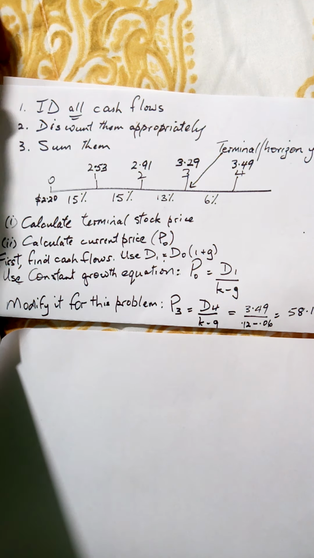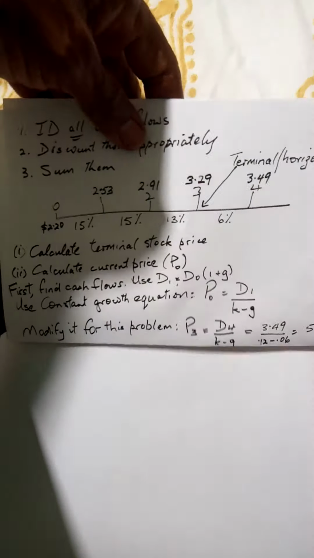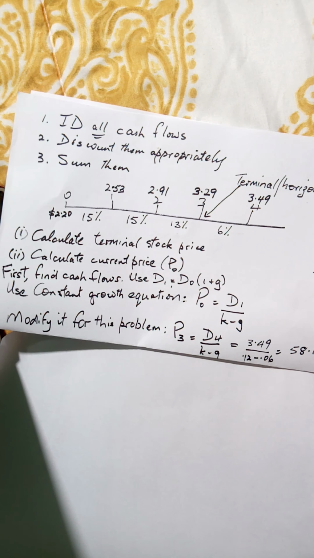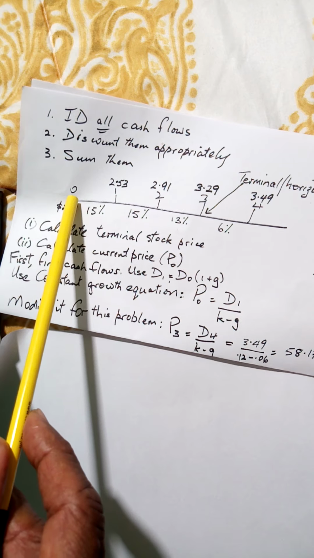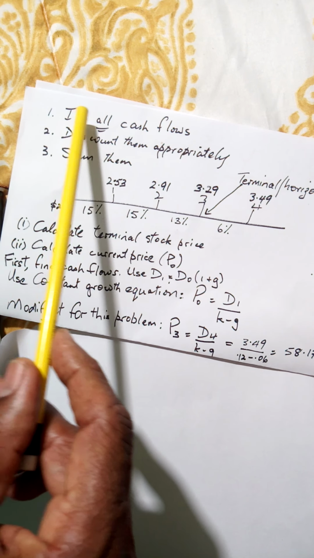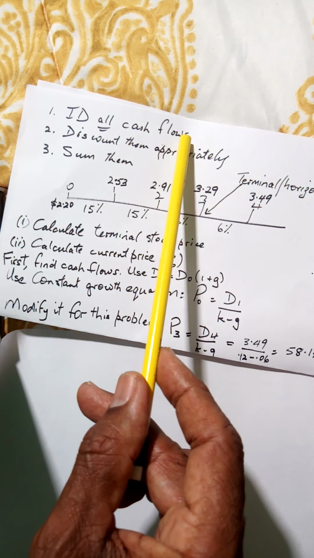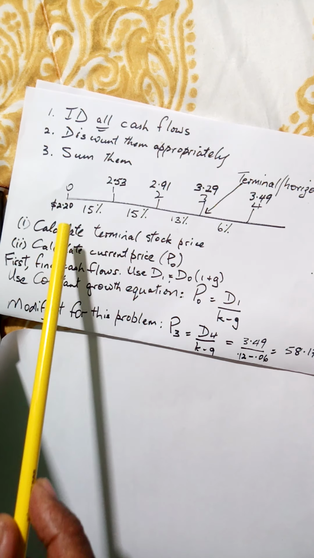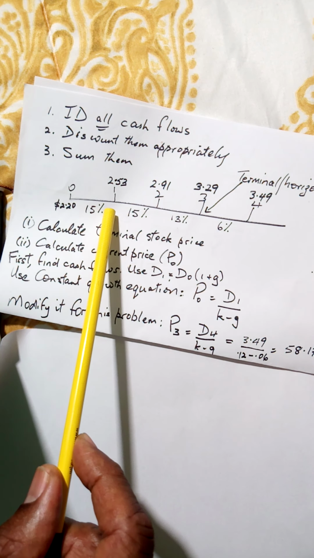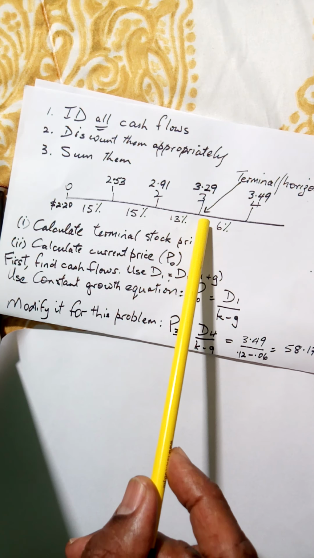We would need as well to calculate the current price. Now, the current price, I'll have to leave this here because I don't have that one, but I will explain it to you and you will be able to follow. The current price means the price here at time 0. Now, that means, look again at point 1. We have now completed point 1. We have identified year 1's cash flow, year 2's, and year 3's cash flow.